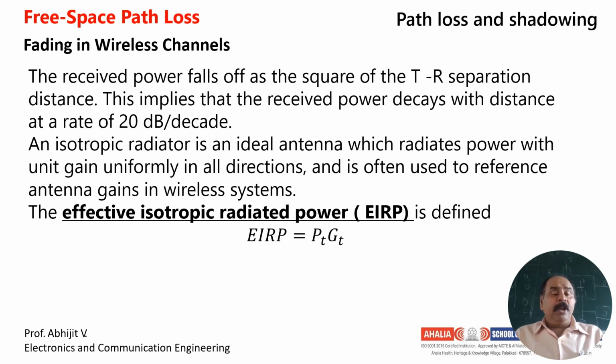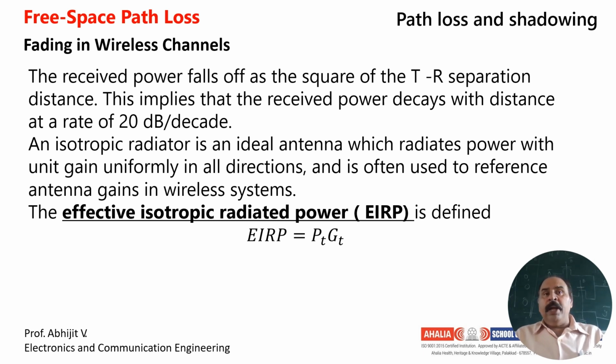An isotropic radiator is an ideal antenna which radiates power with unit gain uniformly in all directions and is often used as a reference antenna in wireless systems.